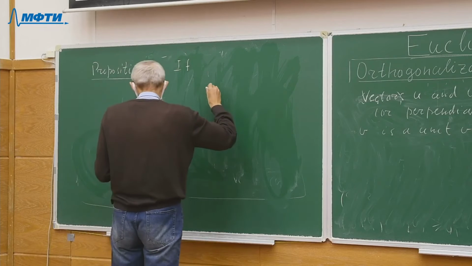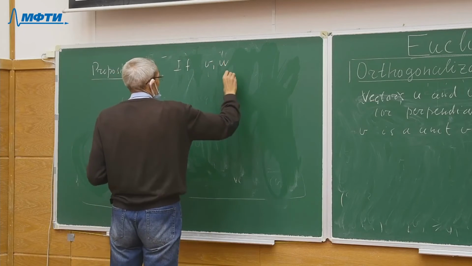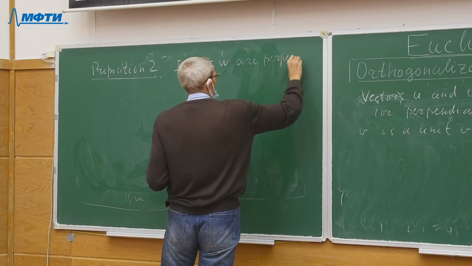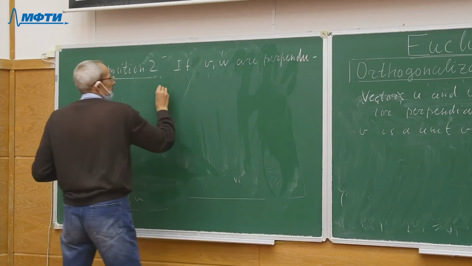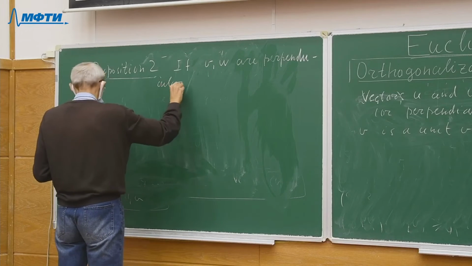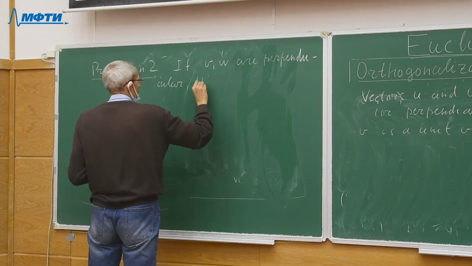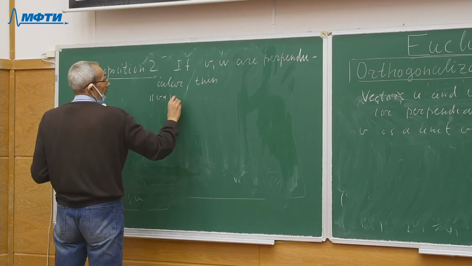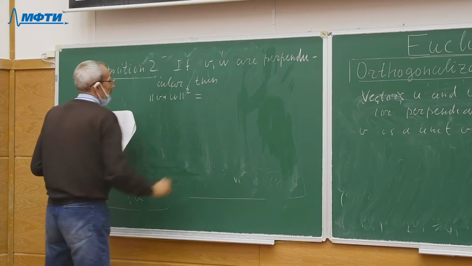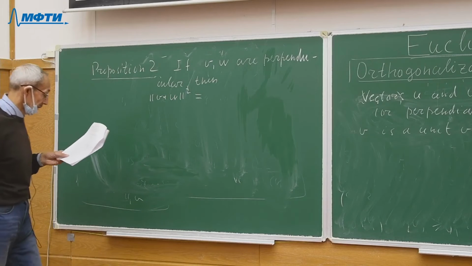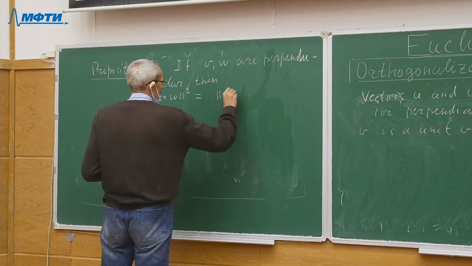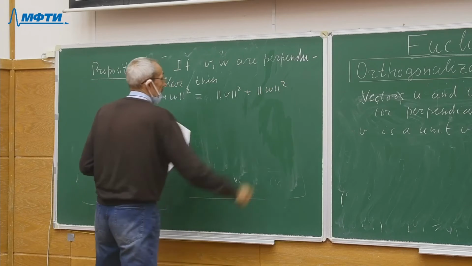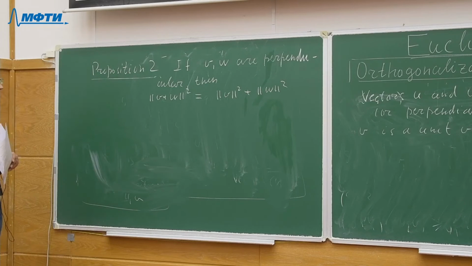If two vectors v and w are perpendicular, then the square of the norm of the sum of these vectors is equal to the sum of the squares of the norms of these vectors.